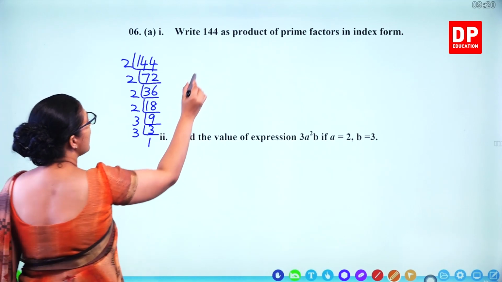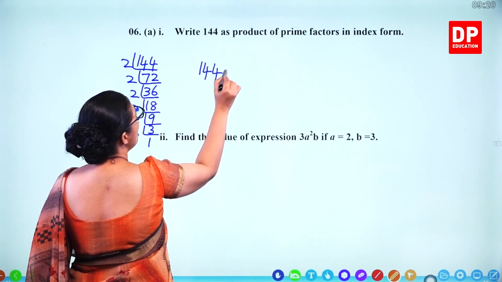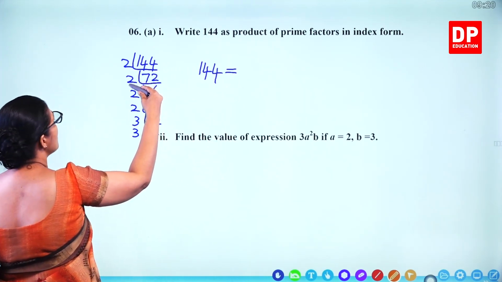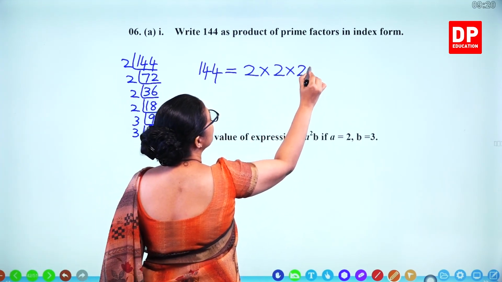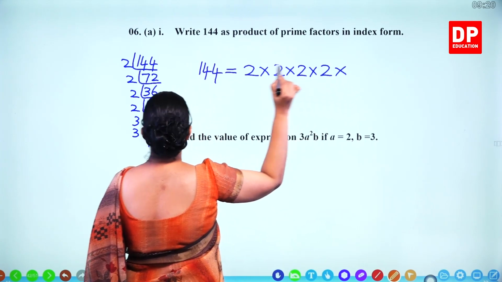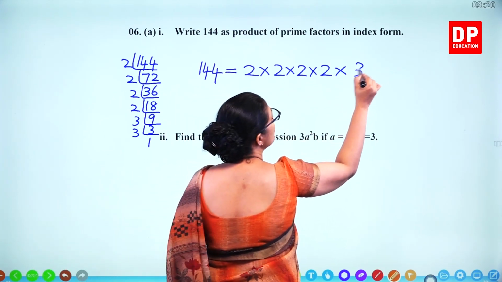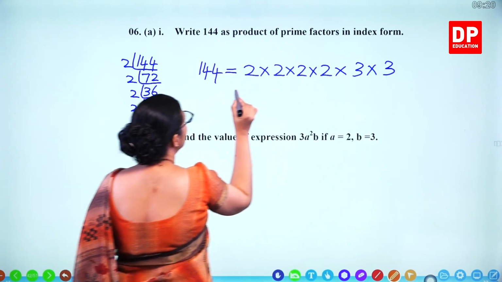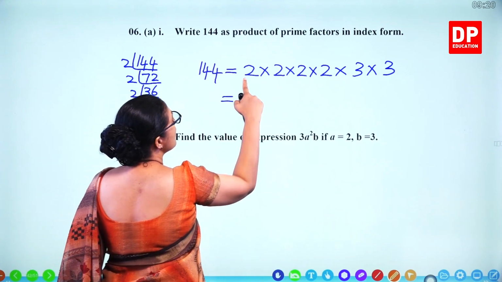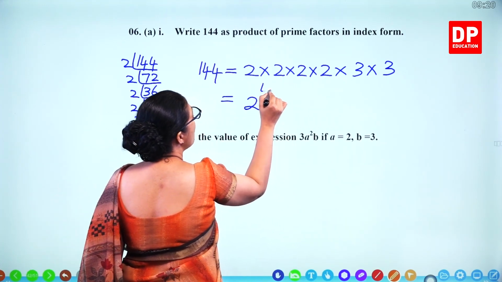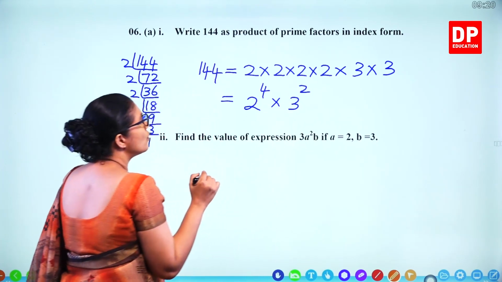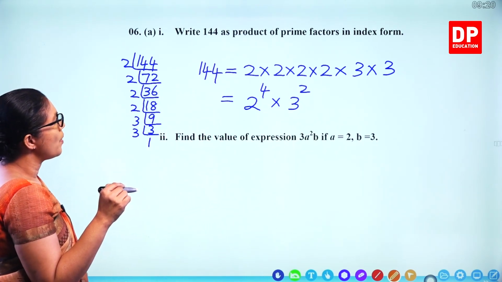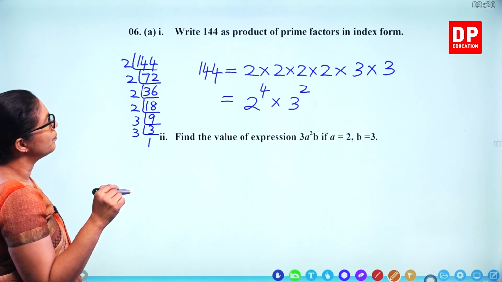Now you can write 144 is how many 2's? 1, 2, 3, 4. How many 3's? 2. So you get 3 squared and 2 to the power 4.